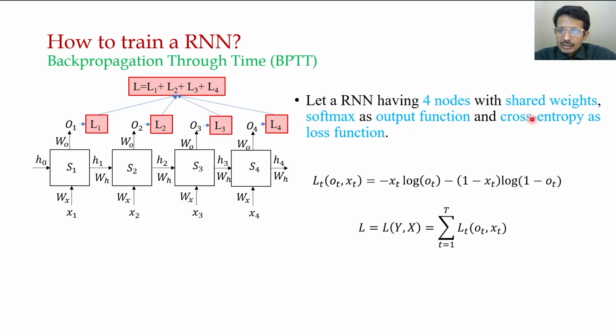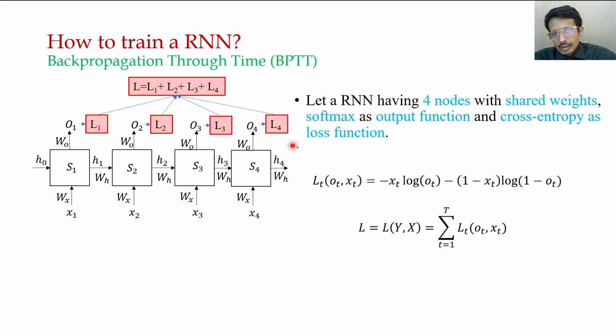And as we have said, we have used cross entropy as the loss function. The basic thing is that L1, L2, L3, L4 are node specific or time instance specific, and there is a total loss.